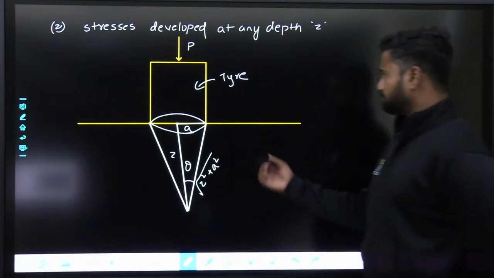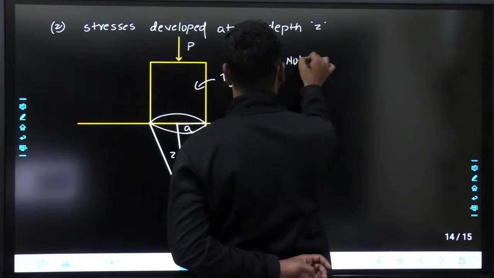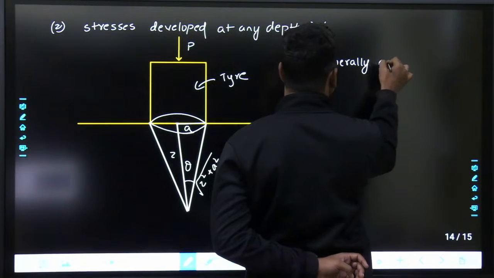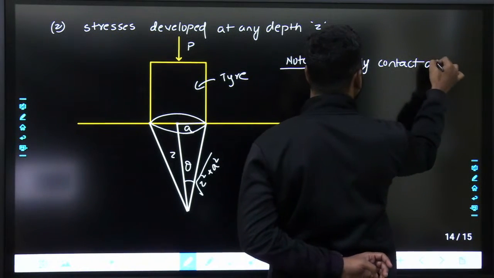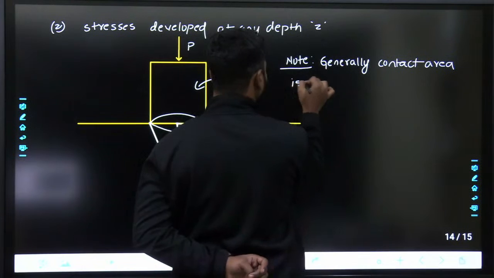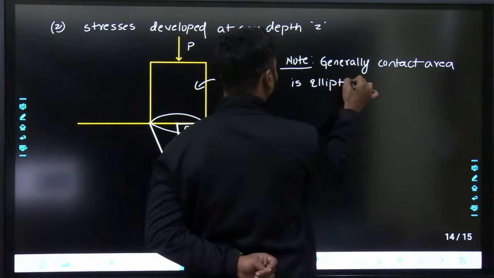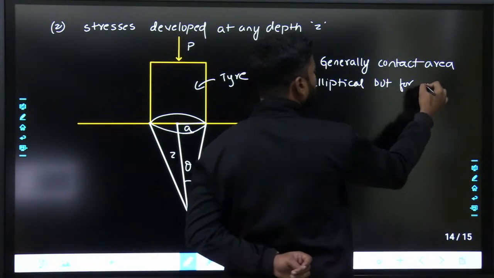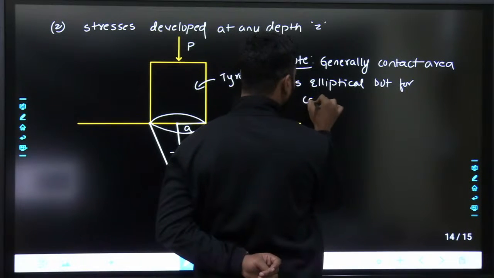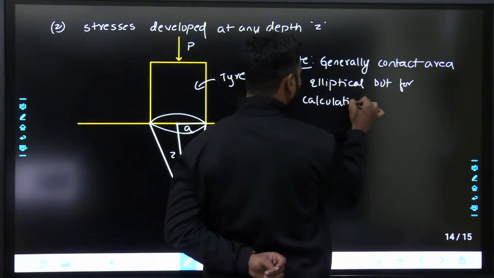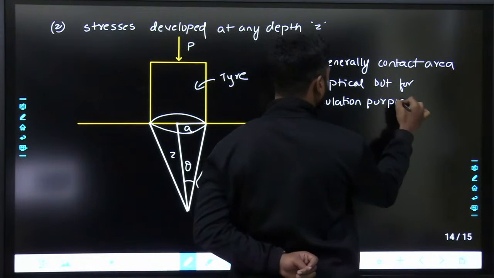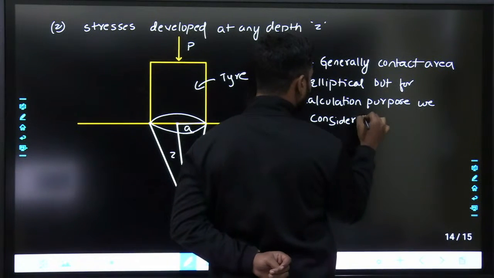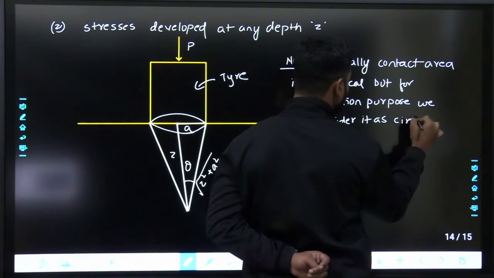If they are asking, you can take a note over here: generally contact area is elliptical, but for calculation purpose, we consider it as circle.